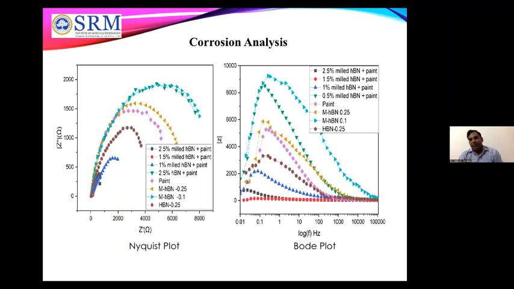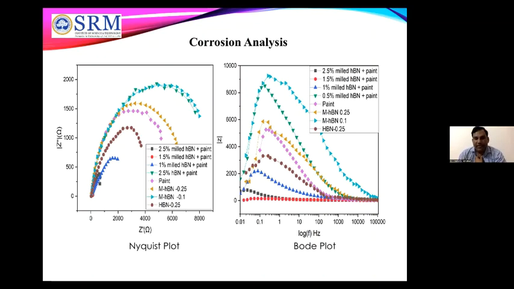So these are the two plots which are very important to analyze the corrosion test: the Nyquist plot and the Bode plot. The Nyquist plot shows what the change is in terms of your impedance, and the Bode plot shows the impedance with your frequency. Whenever you observe very little curvature in that particular plot, it means it will fail very early.